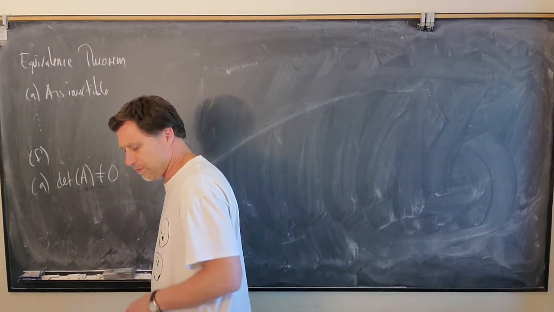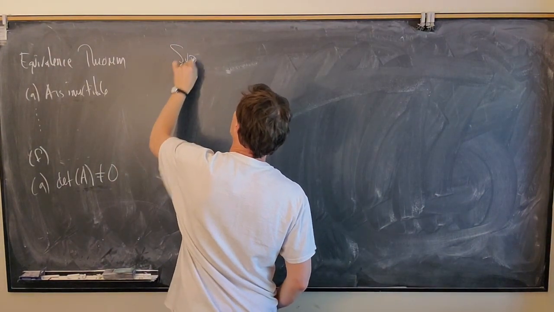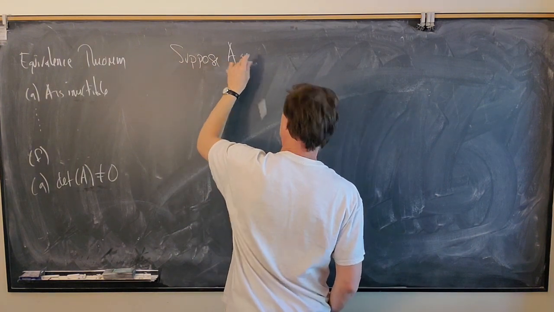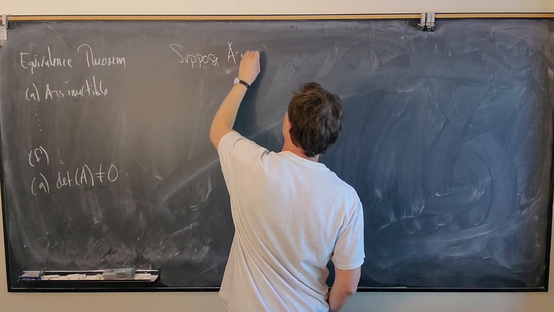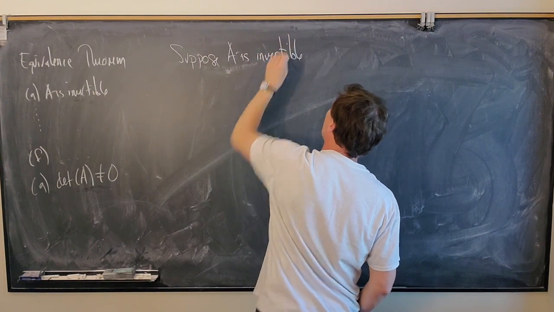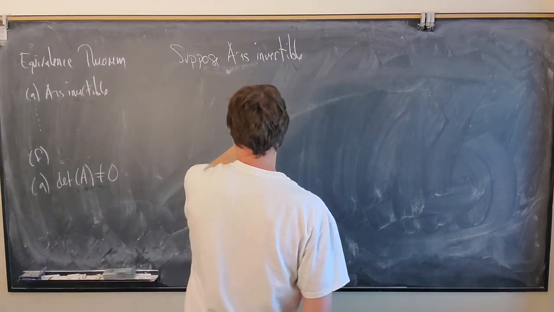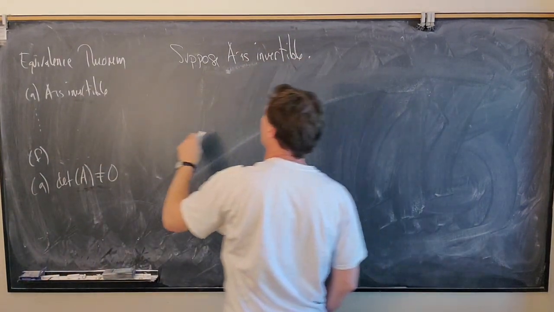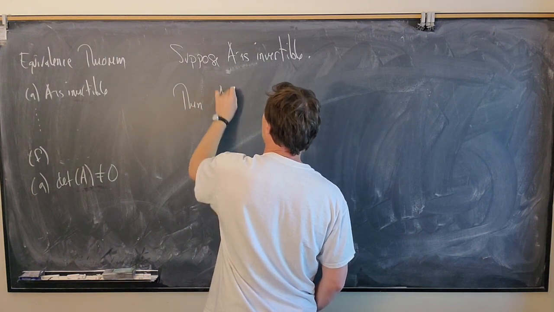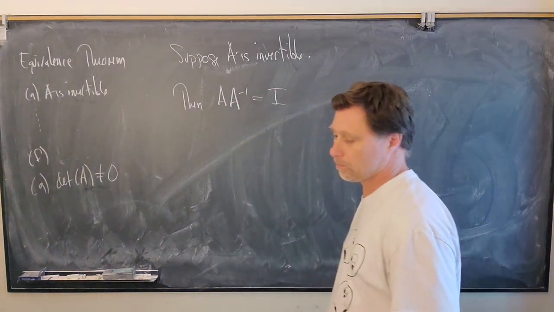Here's one fact I want to think about. Suppose that we've got an invertible matrix, so suppose A is invertible. What does that mean? That means that A times A inverse is equal to the identity.